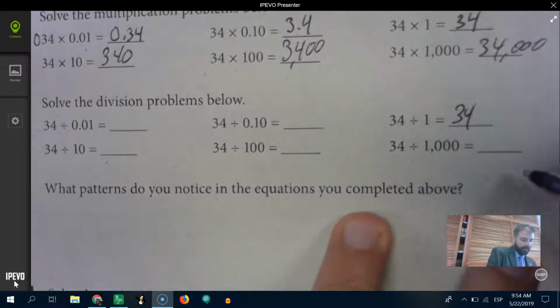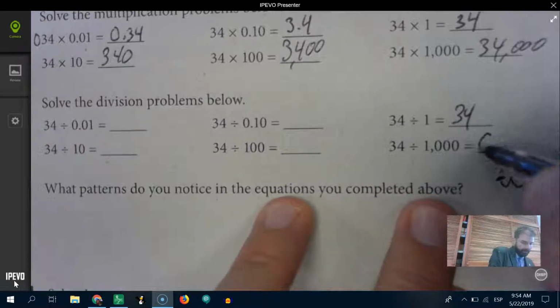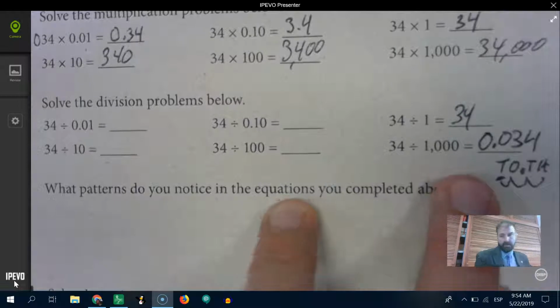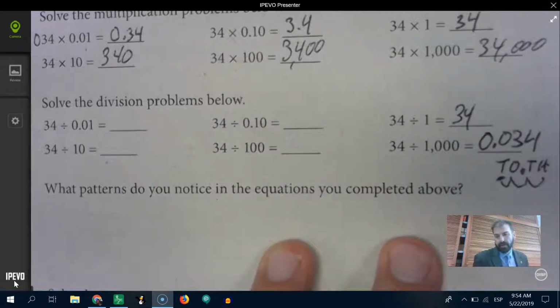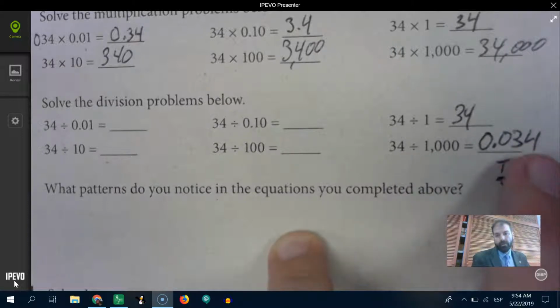If I have the tens, and then the ones, the decimal point, tenths, hundredths, my 3 in the tens is going to go 1, 2, 3, so it's going to wind up in the hundredths. And if my 3 ends up in the hundredths, then my 4 ends up in the thousandths. So 34 divided by 1,000 is 34 thousandths.